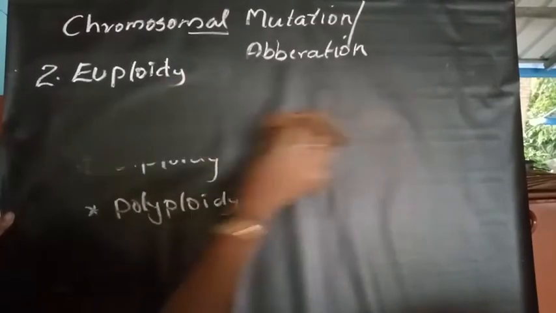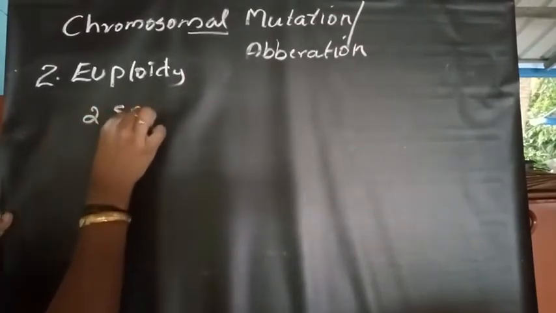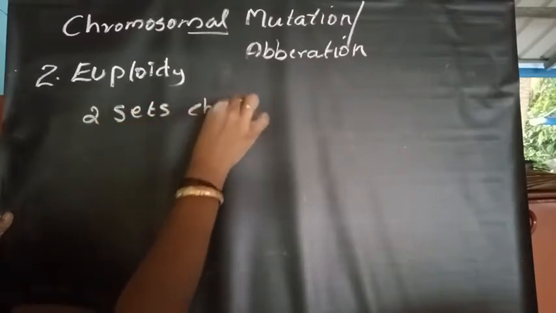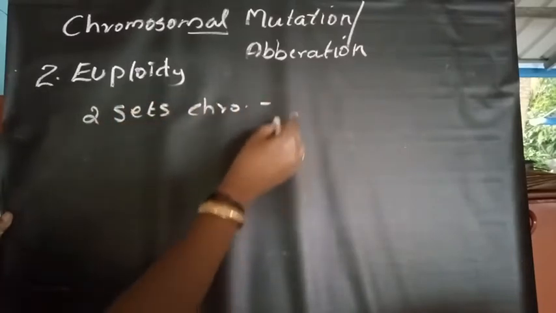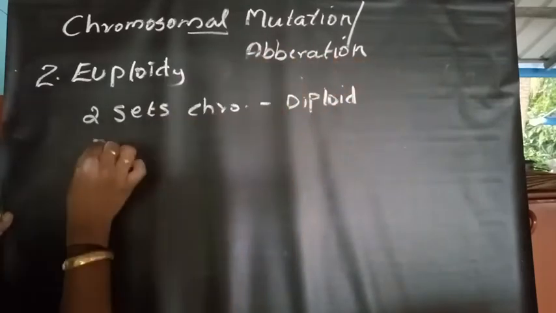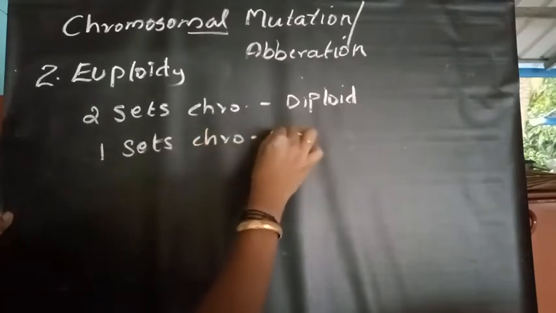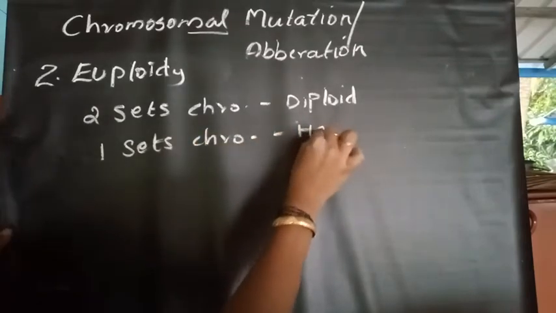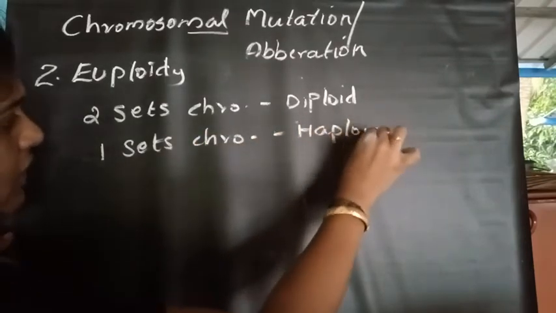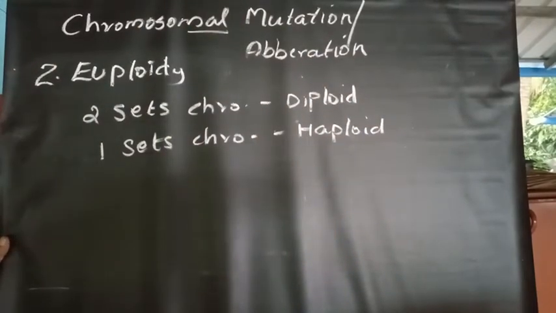When only one set of chromosomes is present, we call that condition haploid. Half the number of somatic chromosomes is referred to as the haploid condition.